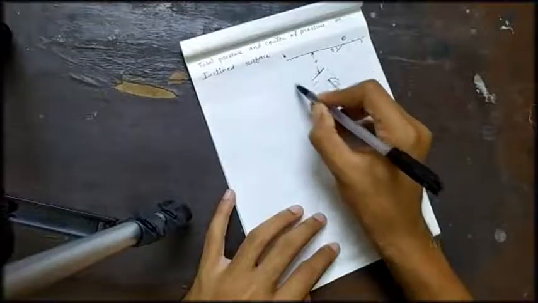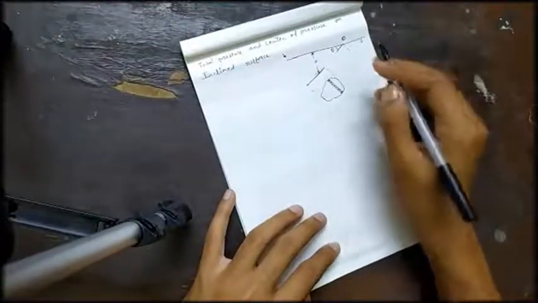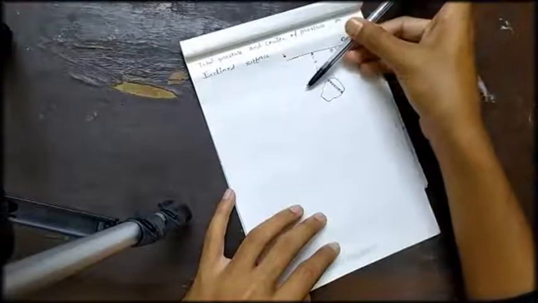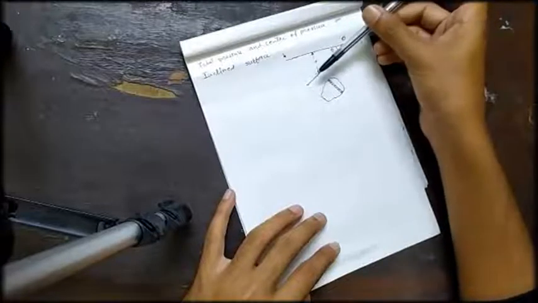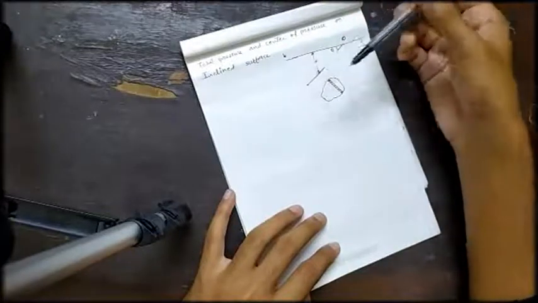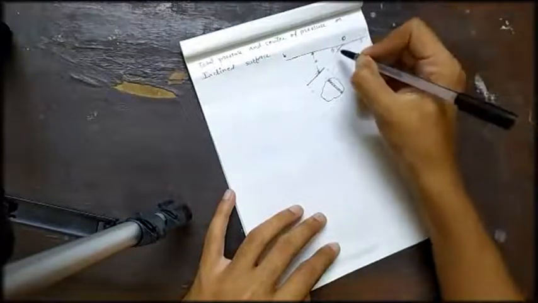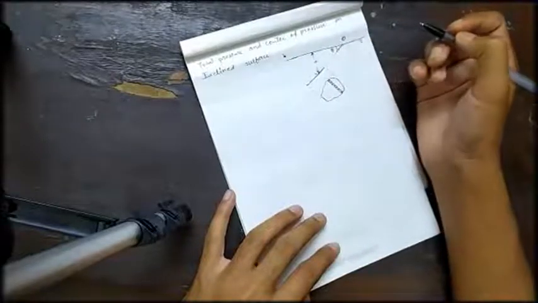If I draw one container over here, the container has water, and we have placed the strip inside that water, or we have immersed that plate inside the water at an angle, at some inclination, and that inclination is theta degrees.